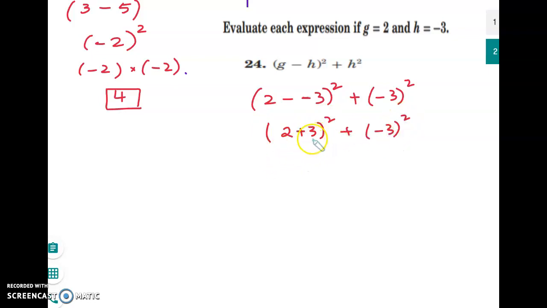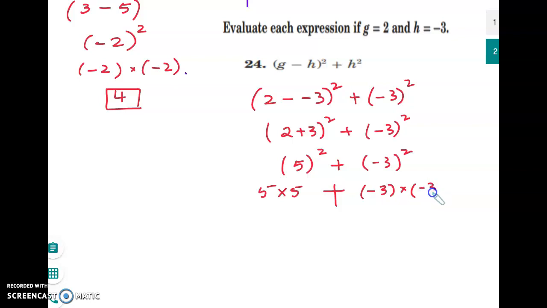Again, I'll repeat, follow the formulas. When you have 2 plus 3 in parentheses, do the parentheses first, following the order of operations. So 2 plus 3 is 5 to the second exponent, and then negative 3 to the second exponent. Now 5 to the second exponent means 5 times 5, plus negative 3 to the second exponent means negative 3 times negative 3.